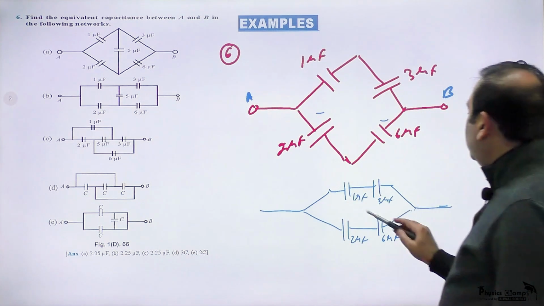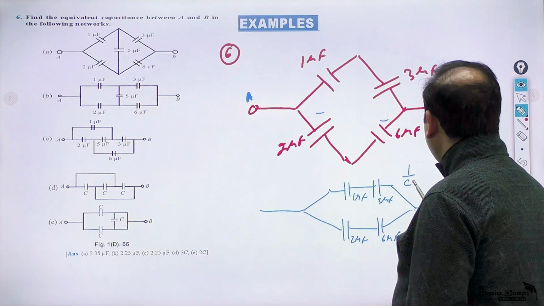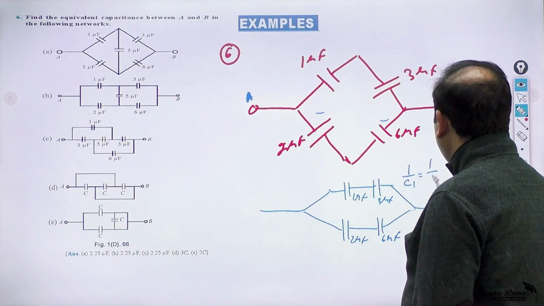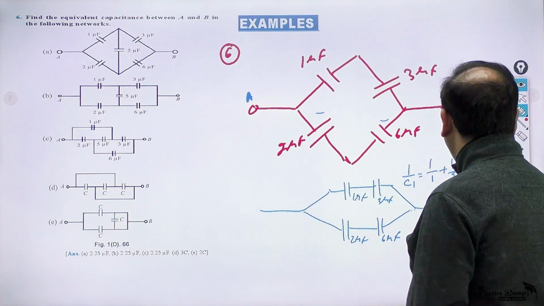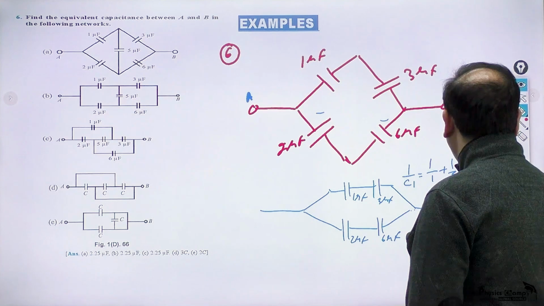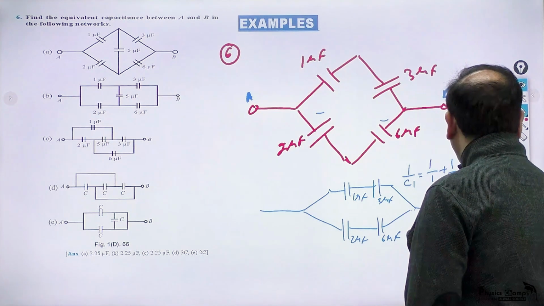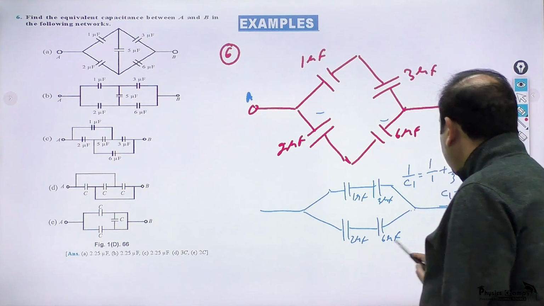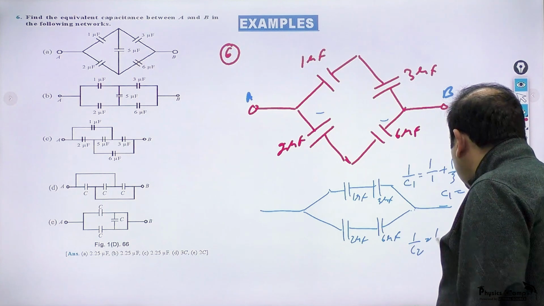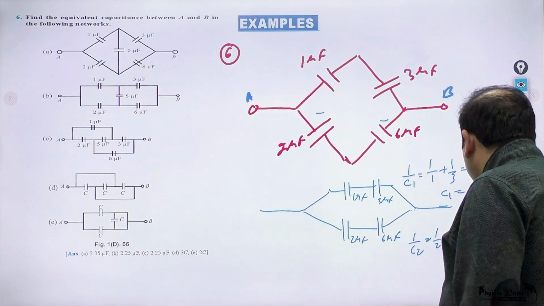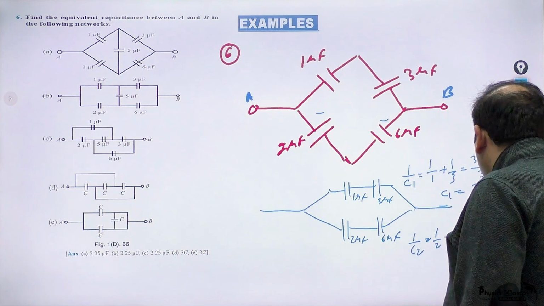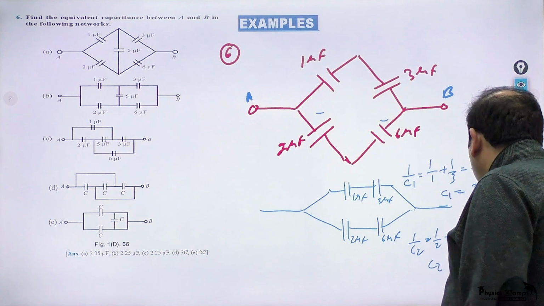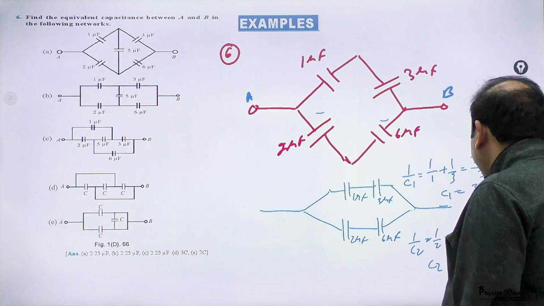So for these two, I'll have 1 by C1 is equal to 1 by 1 plus 1 by 3, 3 plus 1, so C1 would be 3 by 4. Similarly for these, 1 by C2 is 1 by 2 plus 1 by 6, so 6, 3 plus 1, C2 is 6 by 4.